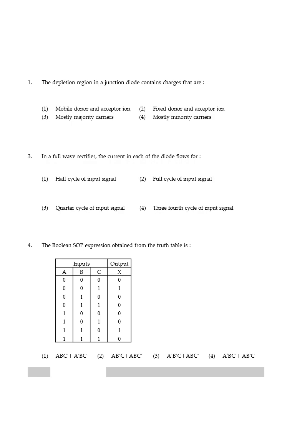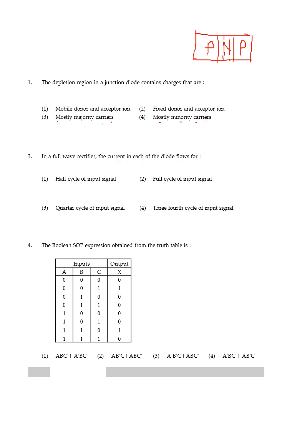The four options are: the first one is the mobile donor and acceptor ion, the second one is the fixed donor and acceptor ion, the third one is mostly majority carriers, and the fourth is mostly minority carriers. As we know, in the PN junction, there are immobile ions, right?